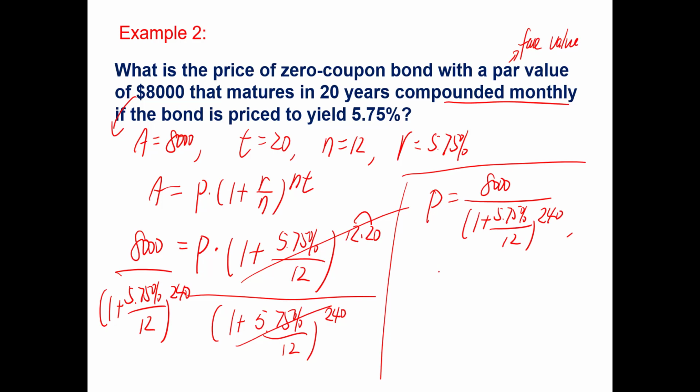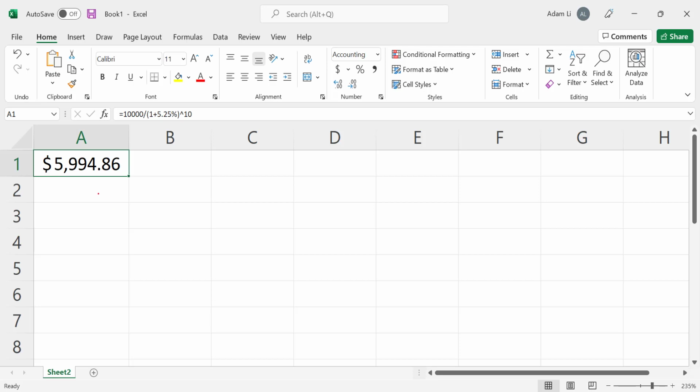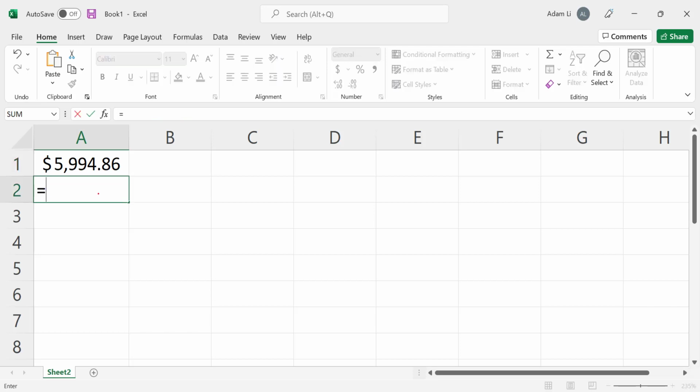And let's see what that is. So let's go into Excel. We get 8,000 divided by 1 plus 5.75% over 12 raised to the 240 power.